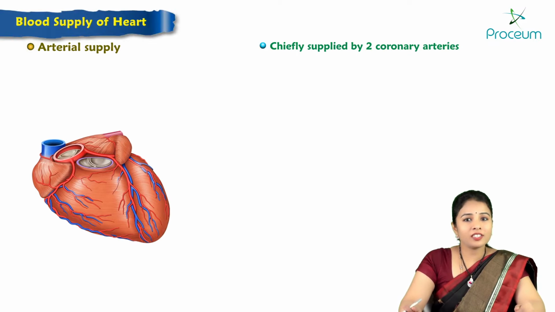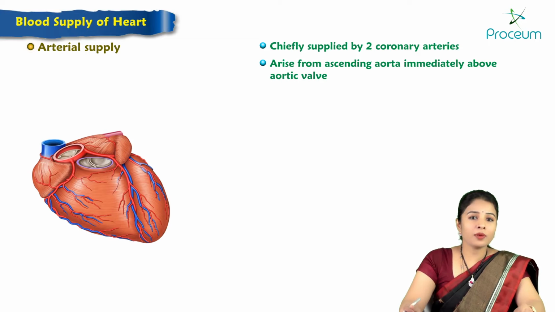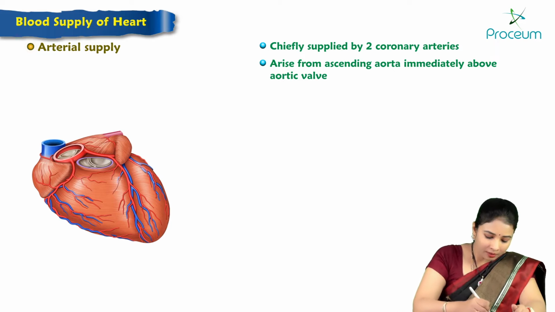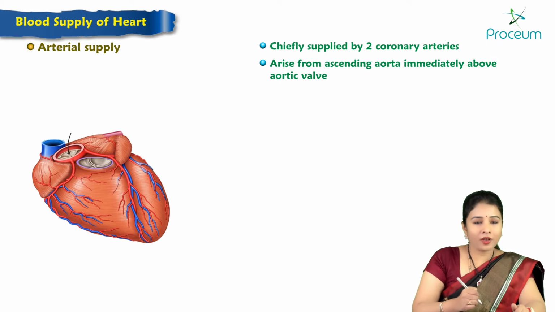Heart is chiefly supplied by two coronary arteries which arise from ascending aorta, immediately above the aortic valve. So here we can see aortic valves. Just above the aortic valve, we can see two arteries which supply the heart.